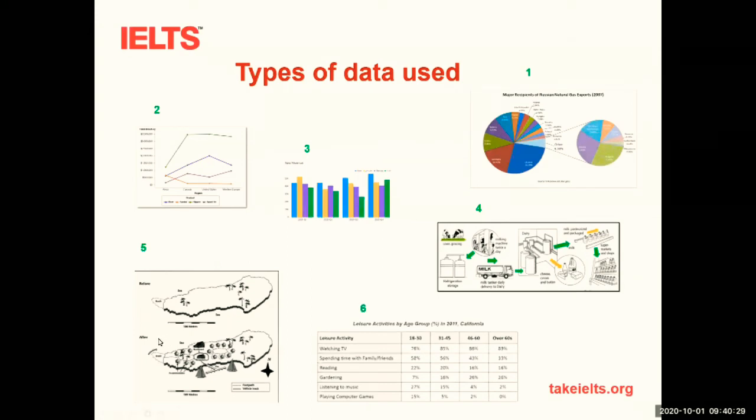What's this? Table number 6, Nigin. Yeah. Aisha, okay, excellent. So let's just make sure that everybody's got these clear. So 1 is a pie chart, a line graph number 2, 3 a bar graph, 4 a process diagram, 5 is the map or plan, and 6 is the table.